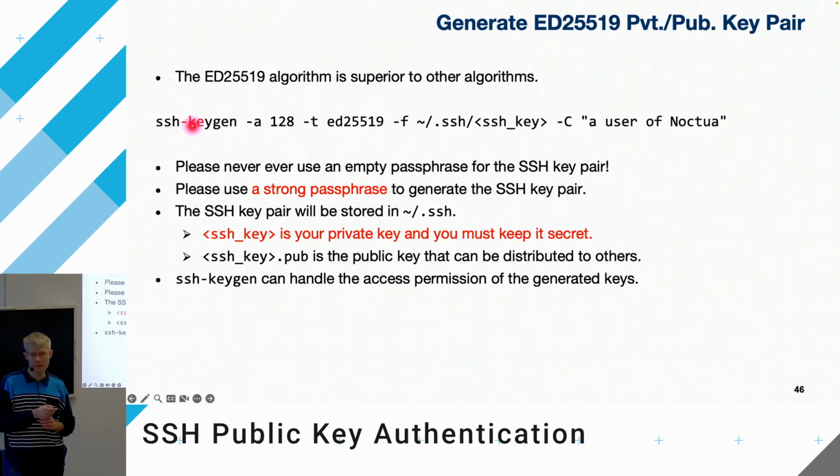For this, we are using the ssh-keygen command, and here we specify the type of the key and the file. It's usually stored in your home folder under .ssh and then the name of the key. And you can add a comment. A comment is useful to identify why you generated the key.